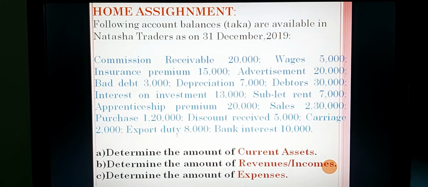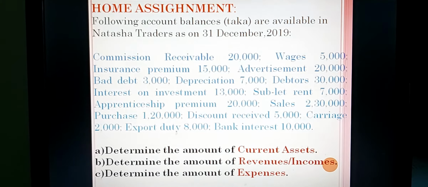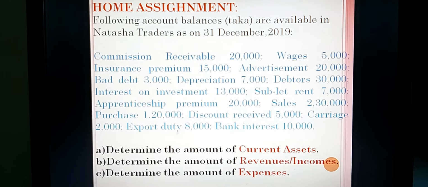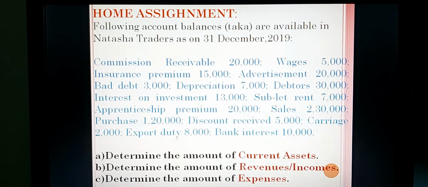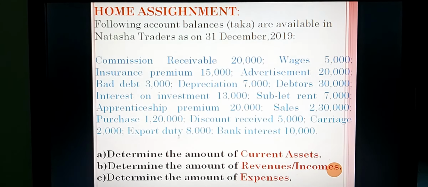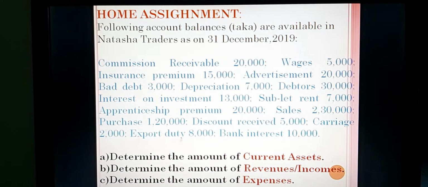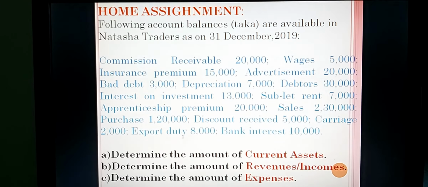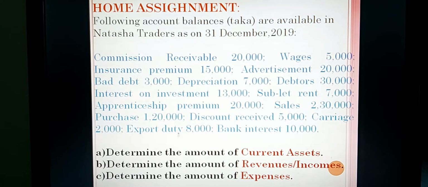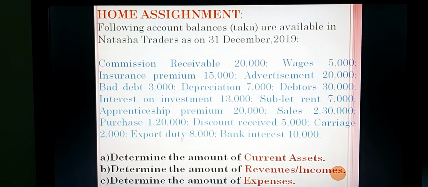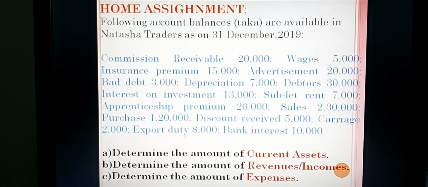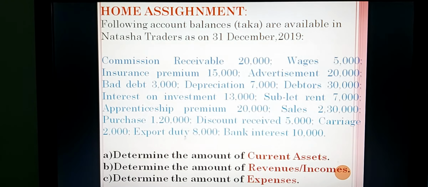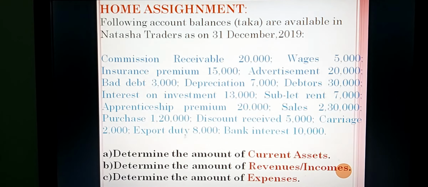Debtors, another name for accounts receivable, 30,000. Interest on investment or interest received, Taka 13,000. Sublet rent, that is subtenant rent, Taka 7,000. Apprenticeship premium, Taka 20,000. Sales, Taka 2,30,000. Purchase, 1,20,000. Discount received, 5,000.